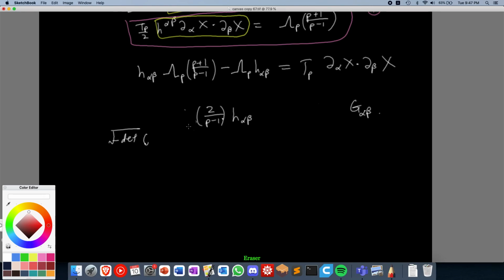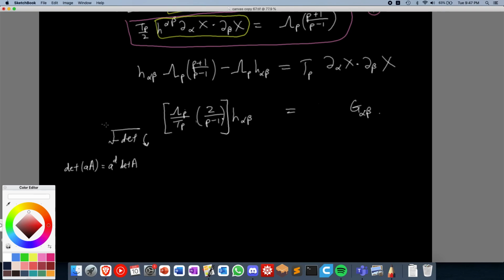So this is just going to be lambda over Tp. Let me just square bracket this thing. And now we take the minus determinant. So the determinant depends on the dimension. The determinant of a scalar times a matrix is going to be the scalar to the number of dimensions times the determinant of the matrix.